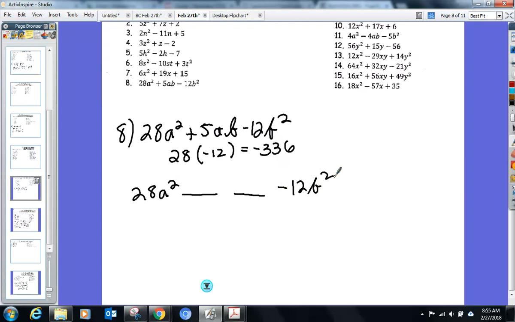What are we looking for? Two numbers that multiply to 336 but add to 5. Okay, here we go. You're welcome for that trick, by the way. We're going to have to dig deep here to find numbers 5 apart. Oh, all right, there it is.